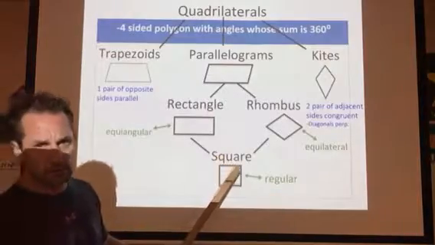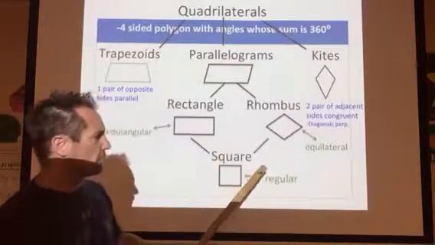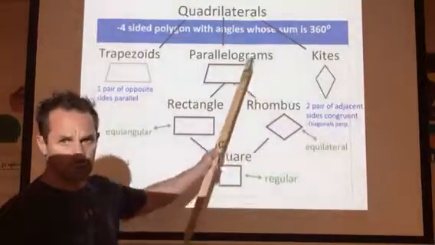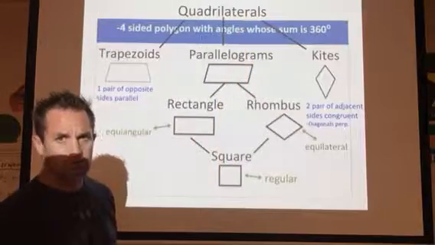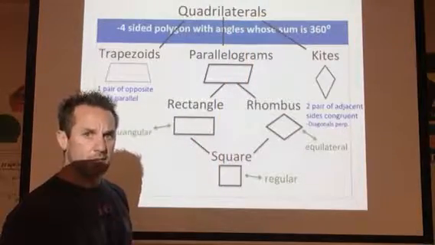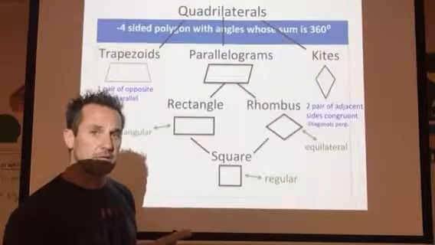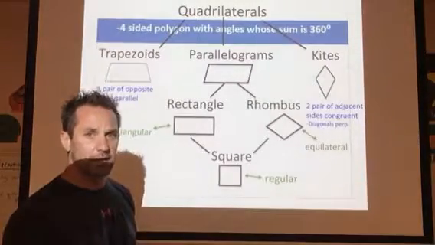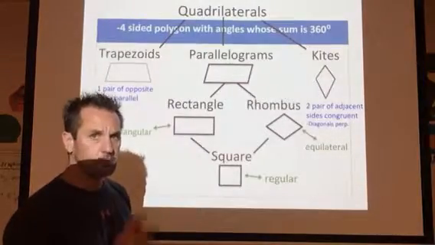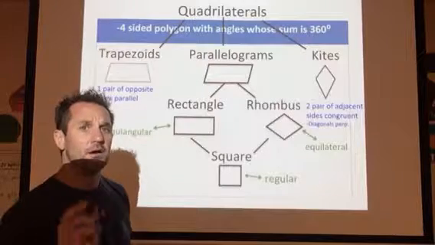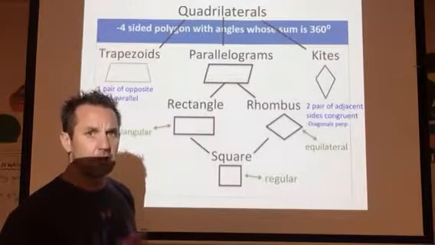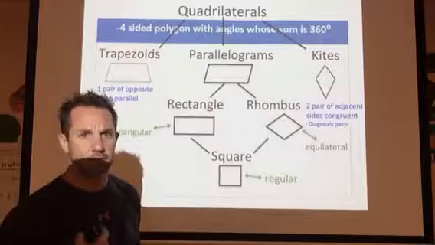So a square would also be known as a regular quadrilateral. Okay? If you had a regular triangle it would mean all three sides are the same and all three angles are the same measurement. If you had a regular pentagon, all 5 sides, same measurement, all 5 angles, same measurement.